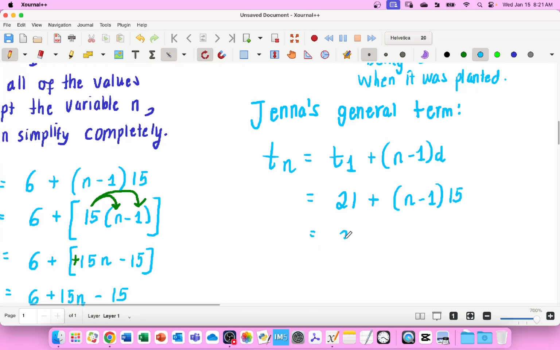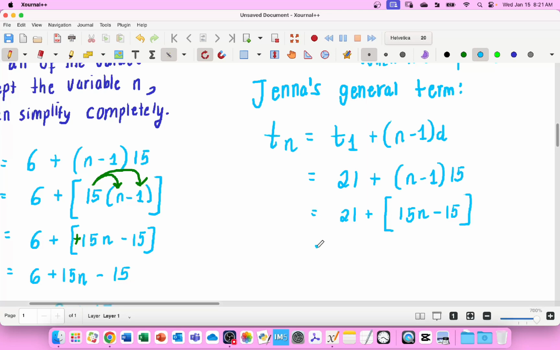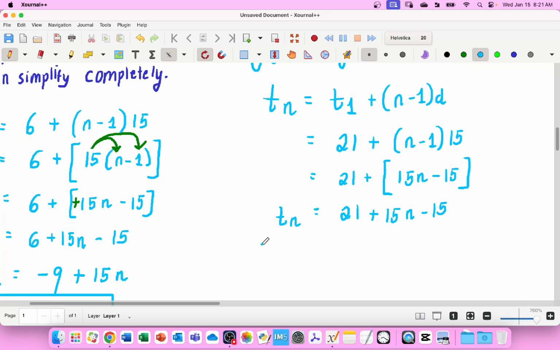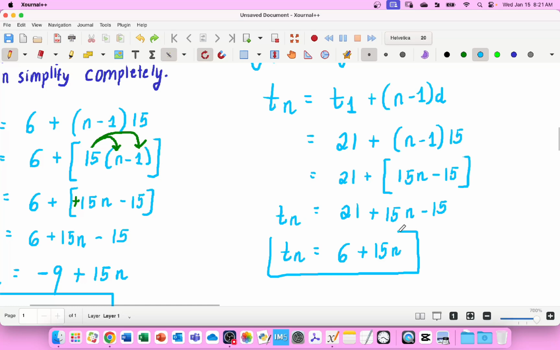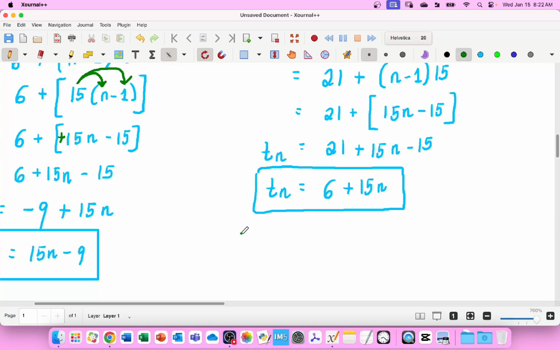So then simplifying, 15n minus 15. And, you know, Jenna's general term is going to make a lot more sense, because if we see how this works out, Jenna's general term is 6 plus 15n, where n actually represents number of years since the tree was planted.